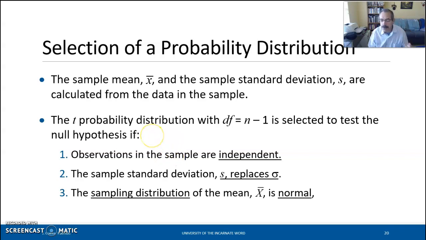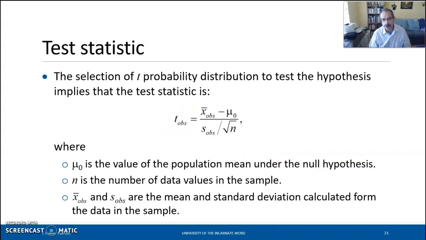So we will use a t-distribution with n-1 degrees of freedom if the observations in the sample are independent, if the standard deviation of the sample replaces the standard deviation of the population, and if the sampling distribution of the mean is normal.